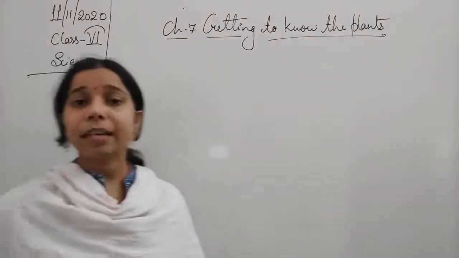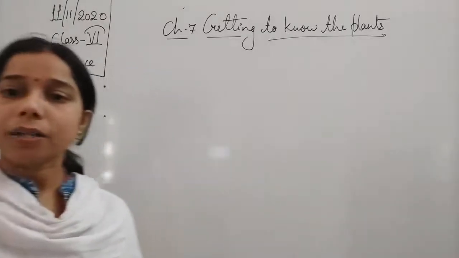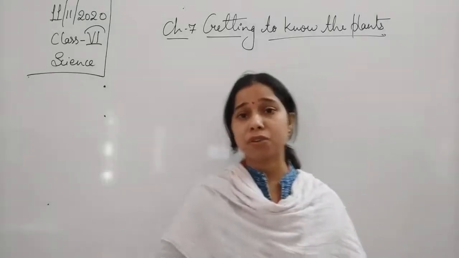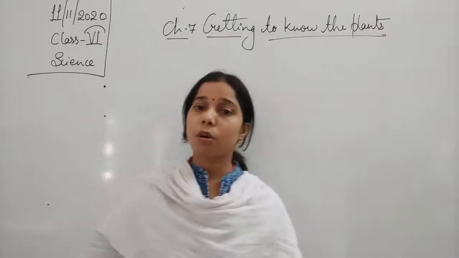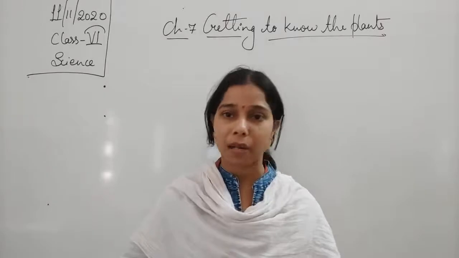The second, students, is that it helps in absorbing water as well. So the stem has a function of carrying water, as well as carrying food to the different parts of the plant.